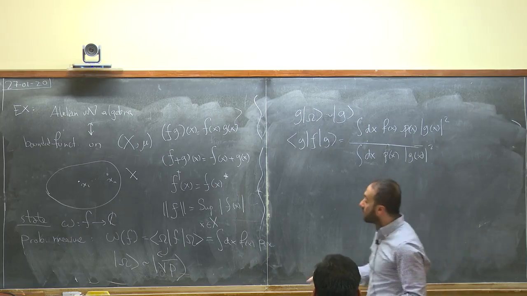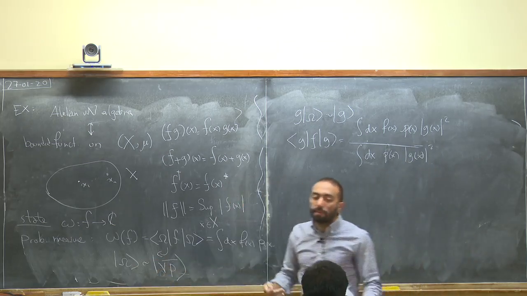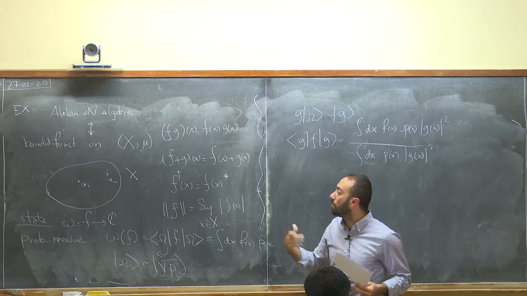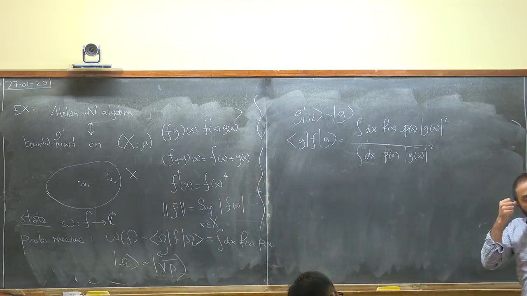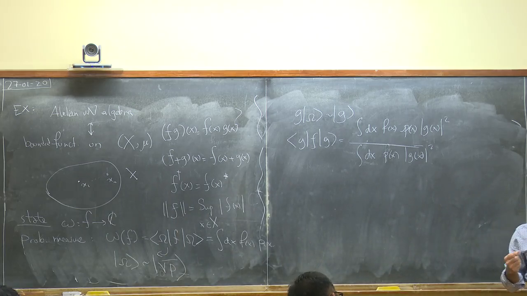Oh, by the way, I forgot to say, what is the Hilbert space? The Hilbert space is the set of square integrable functions on X. Is this X a phase space rather than coordinate space, right?